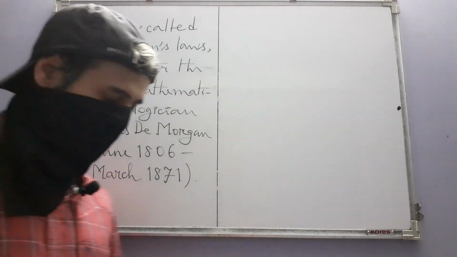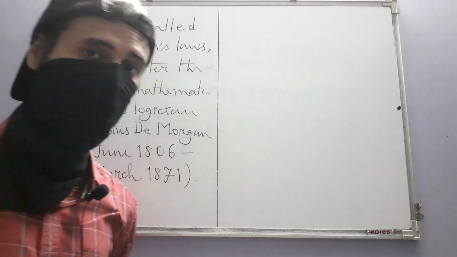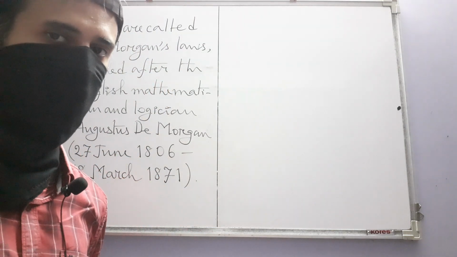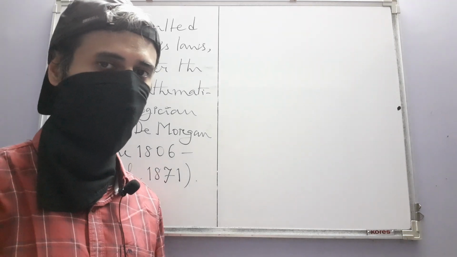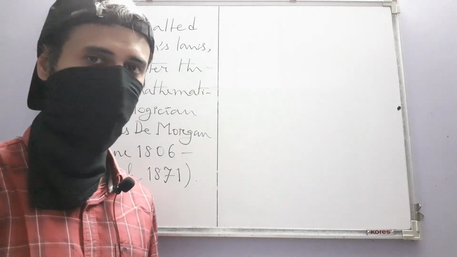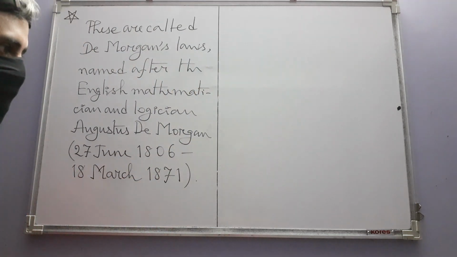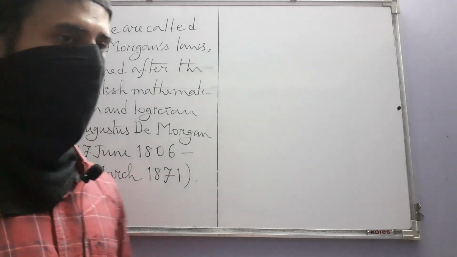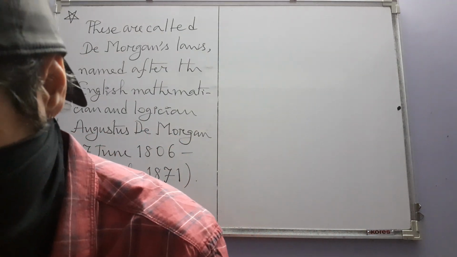Augustus De Morgan, in fact, was the man who coined the term mathematical induction. He gave the name mathematical induction to that method which nowadays we use to prove statements about positive integers or natural numbers. Okay. So now what I am going to do, although it's not in the text, let us prove the De Morgan laws.